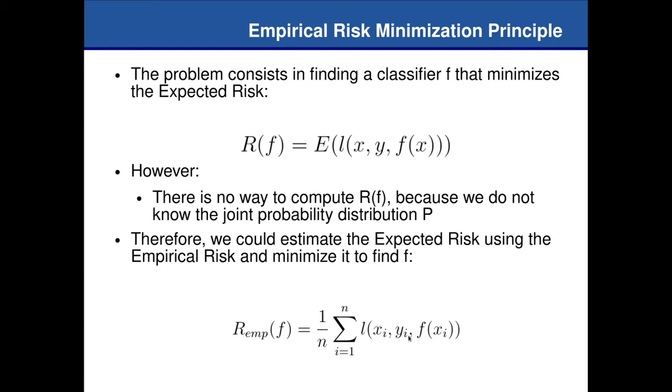And this is an average, okay, as I mentioned before. So I cannot compute this, but I can compute this, because this depends on a sample. This depends on the whole joint probability distribution.